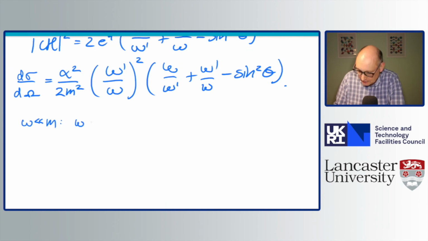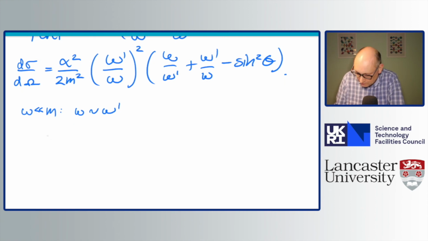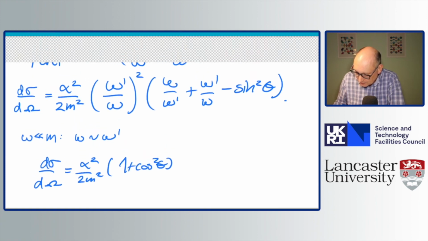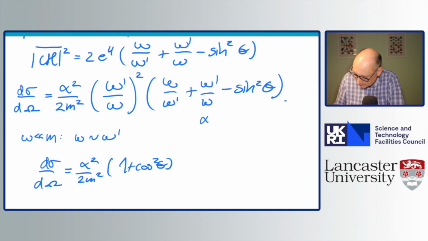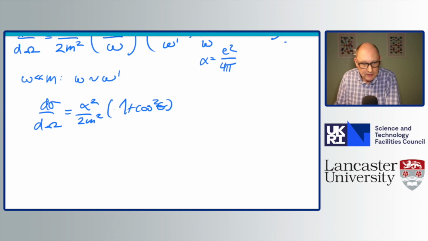So setting omega equal to omega prime in this formula, one then finds that d sigma d omega is equal to alpha squared over 2m squared (1 plus cos squared theta). In all of these equations, of course, alpha is the fine structure constant, which is e squared over 4 pi, where e is the electron charge. Now this result is the Thomson cross section for scattering of electromagnetic radiation off a free electron.